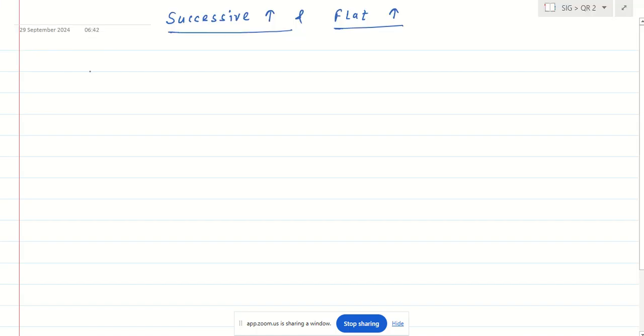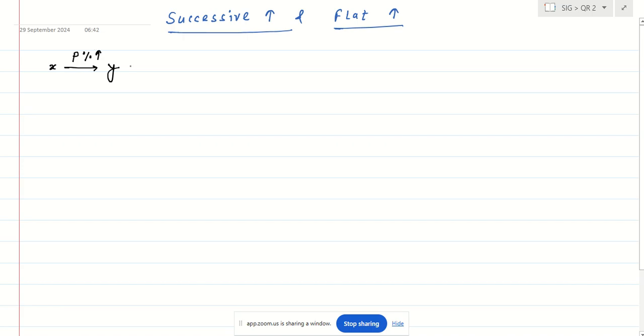Let's take an example. Let's say I have some initial value x, and I have some value y after an increment. Take an example, an increment of 20%, 30%, 50%, or let's say p%. That is the increment p%.